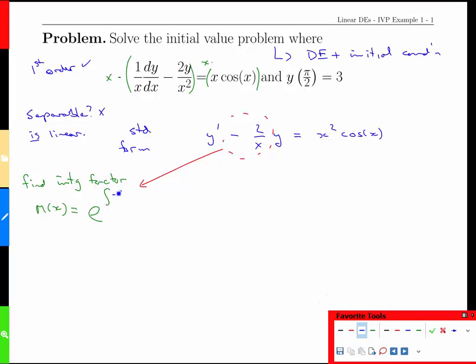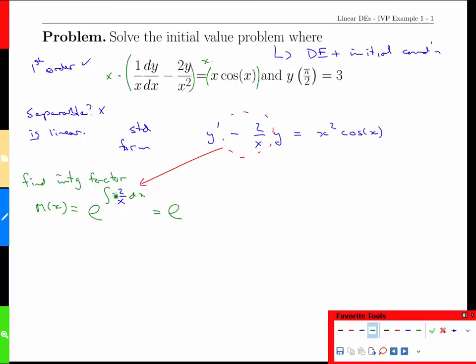And that here is negative 2 over x with respect to x. So what we get with this integrating factor calculation is we just evaluate this now. We have e to the power of, when we perform the integration, the negative 2 can get pulled out front, and we're going to have the ln of x as the integral of 1 over x.